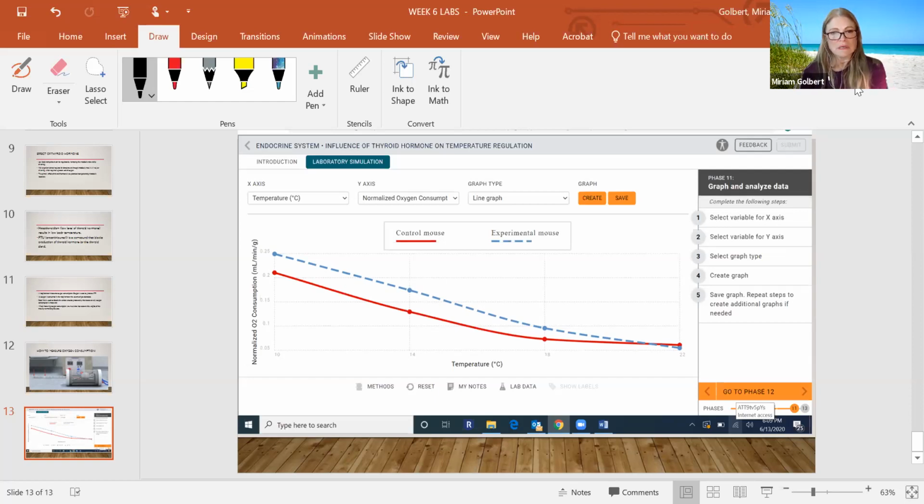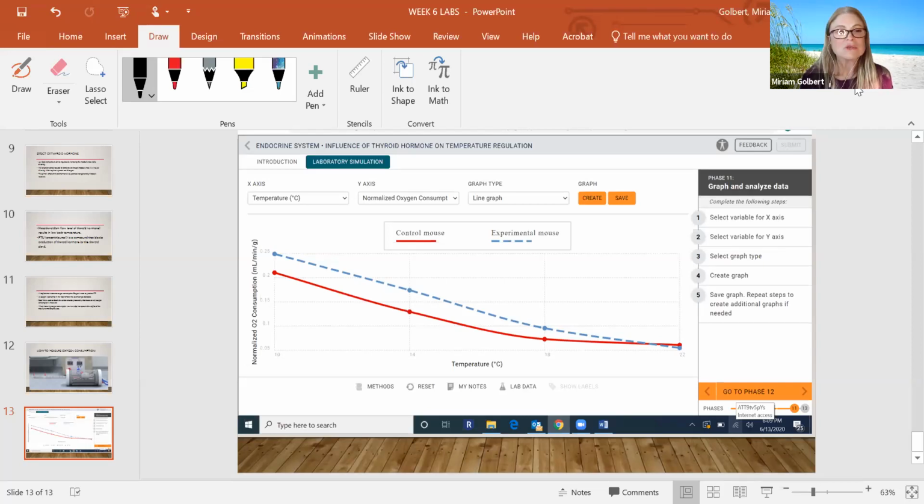On the two little simulations, of course, in this little PowerPoint, I didn't take pictures of the other one or the different temperatures, but you're going to be changing the temperature and recording the different oxygen consumption for both of the mice. And then the graph is going to be created for you.